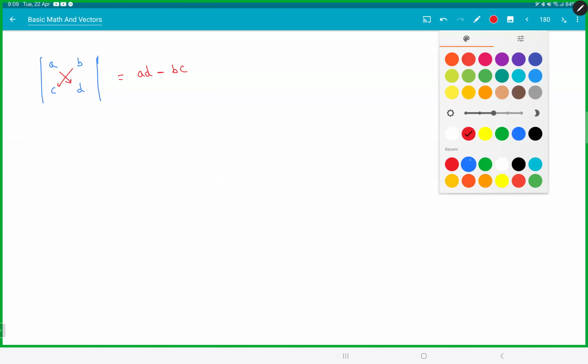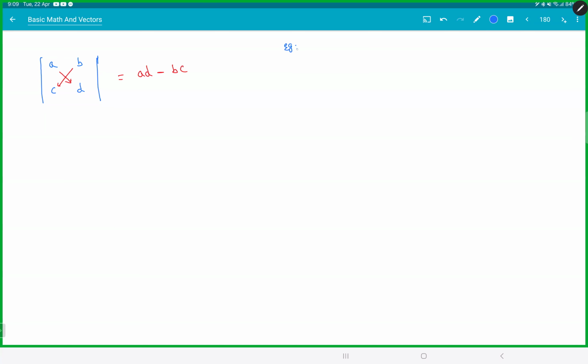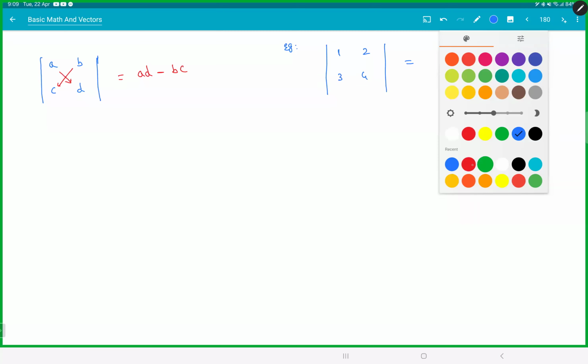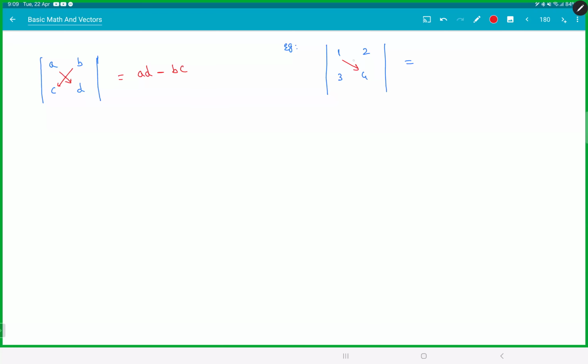That's what you write. Example, if someone gives you 1, 2, 3, and 4, and they ask you what is the value of this, multiply 1 into 4 and multiply 2 into 3 and subtract them. So 1 into 4 minus 2 into 3, that will be 4 minus 6. This is minus 2. That is the meaning of this.